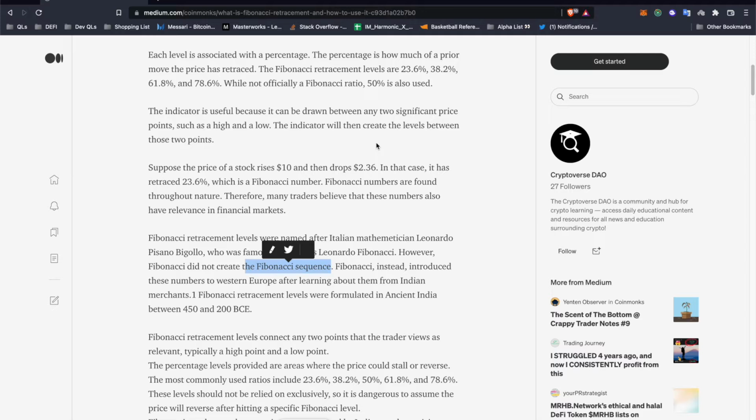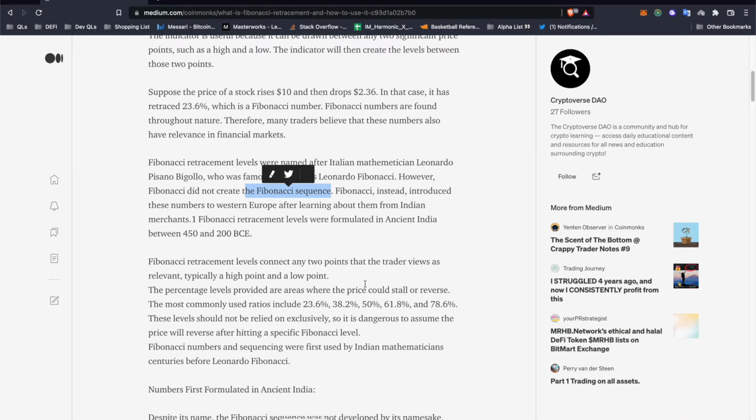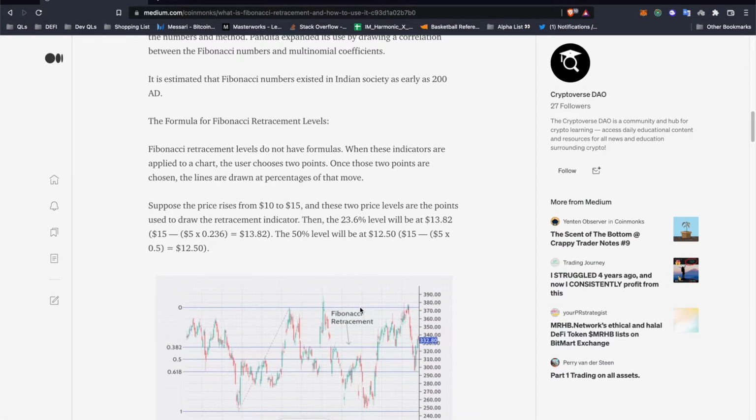It generally starts from 0 and 1. Some people omit the 0 because it's pointless and just start from 1, but it doesn't matter what you start from. That's basically the sequence. So that's the mathematical foundation upon which this indicator is built.